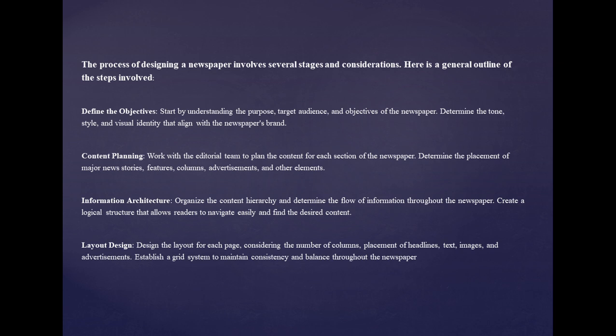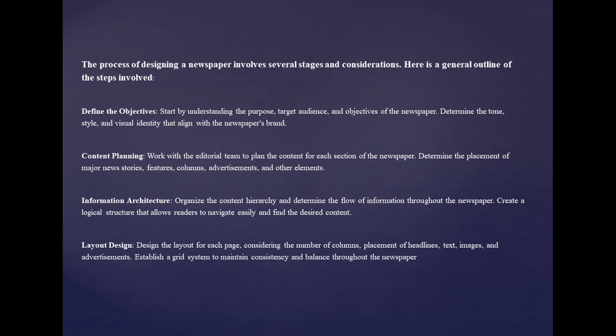Determine the tone, style, and visual identity that align with the newspaper's brand. Next, content planning. Work with the editorial team to plan the content for each section of the newspaper. Determine the placement of the major news stories, features, columns, advertisements, and other elements.